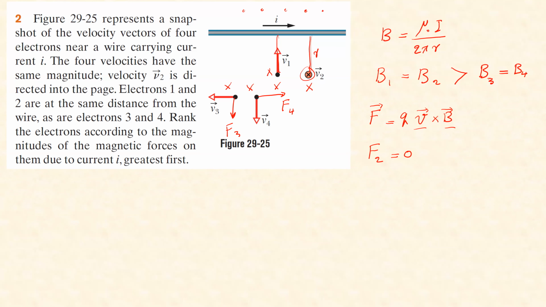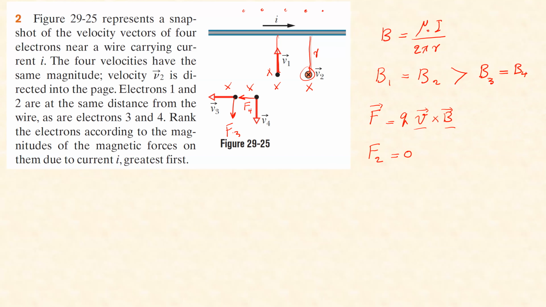If you use V cross B, oh sorry, these are electrons, so the directions are opposite. V4 cross B is to the right, but because it's an electron, the force will be in this direction. So F4 is in this direction. F3 is also opposite.